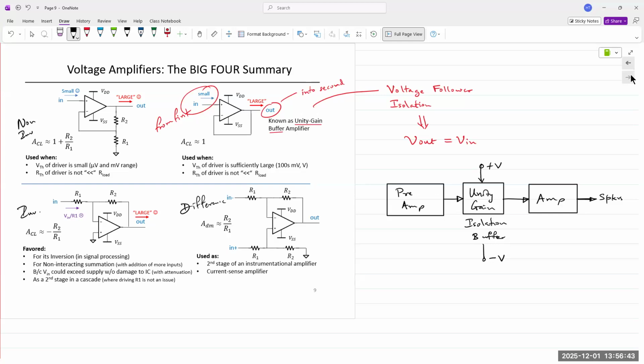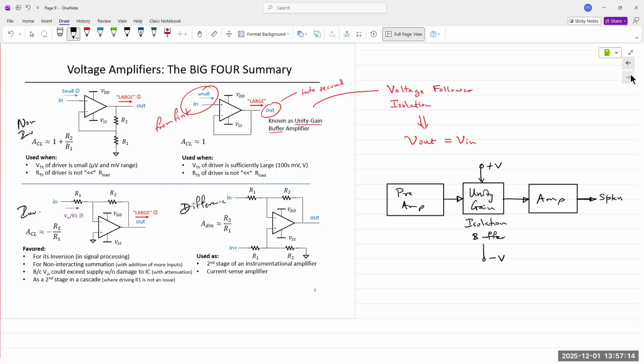So a question being asked is why do we need to isolate? To avoid loading effects. When you have two or more cascaded stages of circuits, we want to avoid the following stage from overloading or pulling more current from the preceding stage. So if we place the op amp in the middle, the current to power the op amp comes from the power rails.